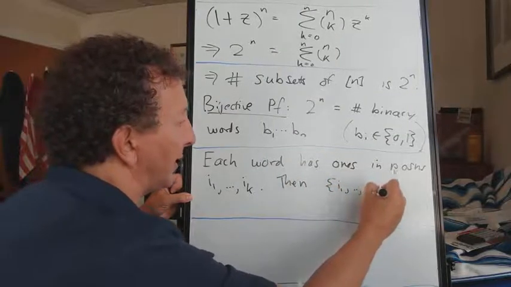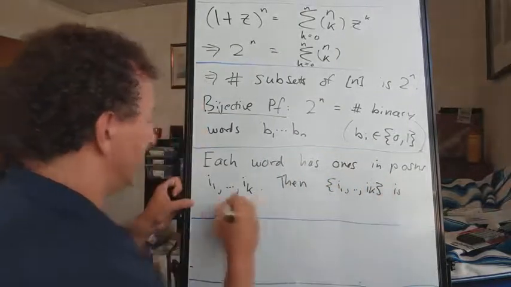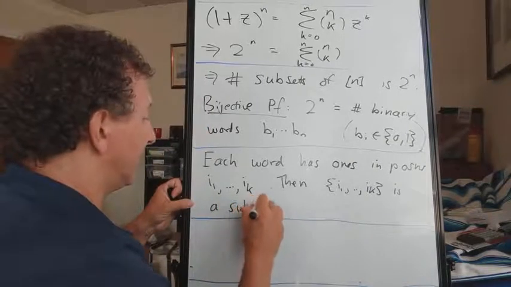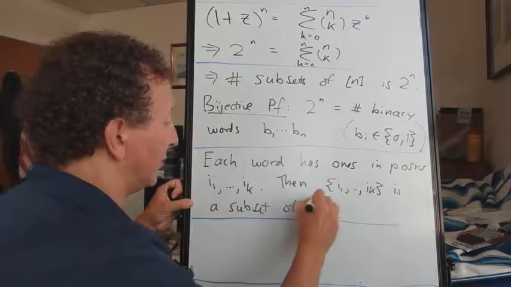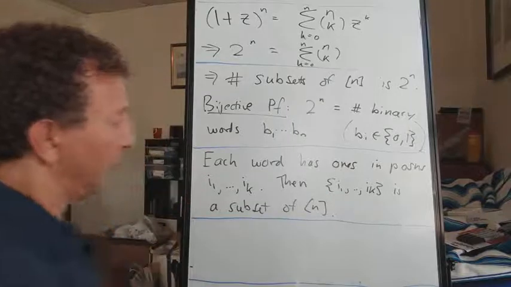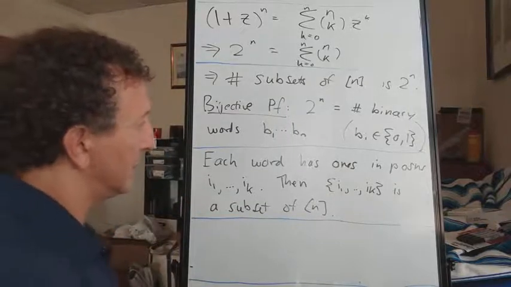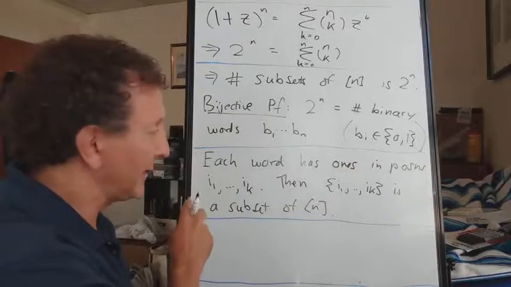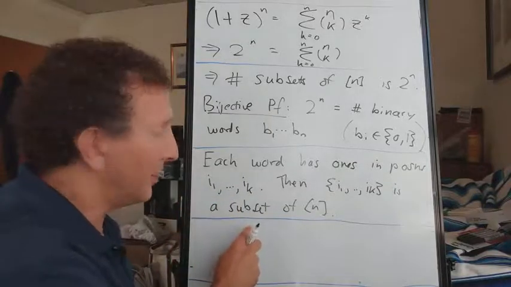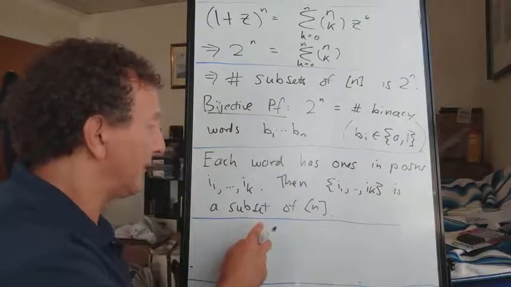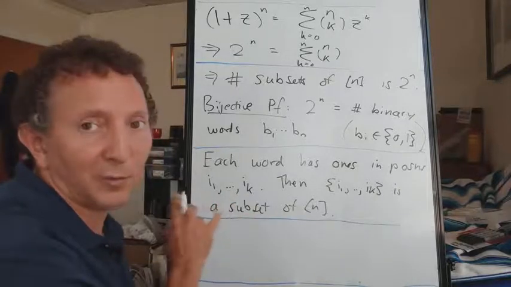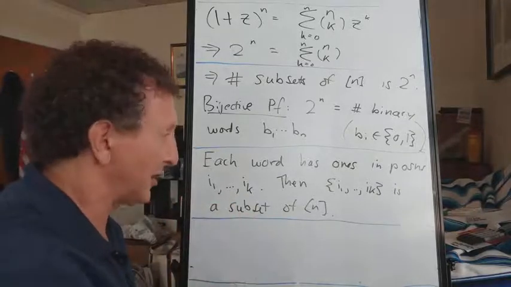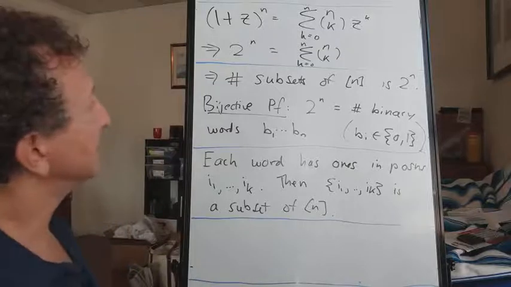Then I1 through IK is a subset of 1 through n. So by making the binary words line up exactly with the subsets of n, we can see that any two sets where the elements line up perfectly are in bijection, so there's the same number of them.